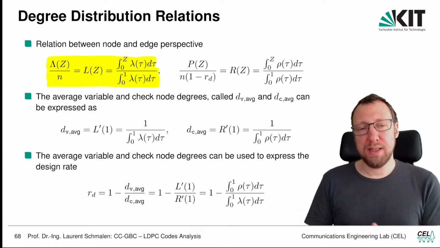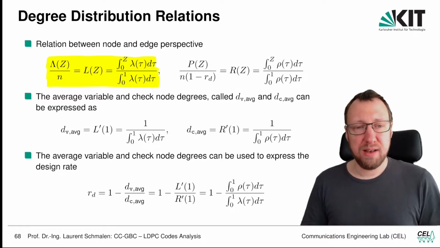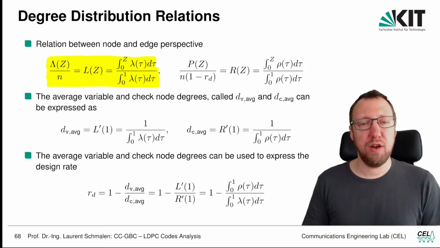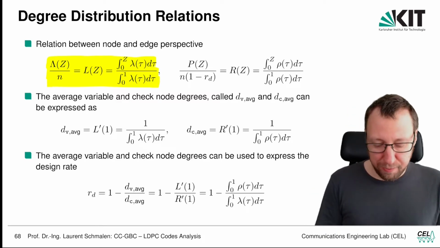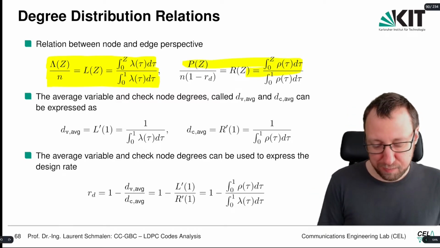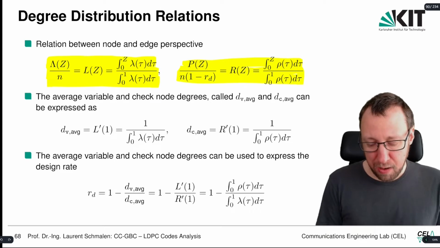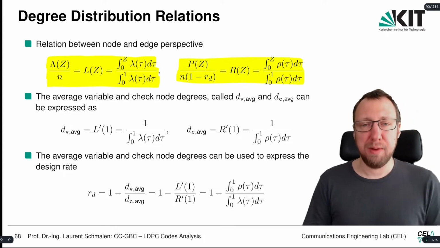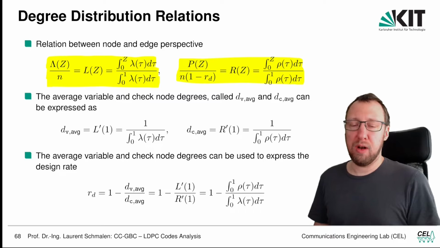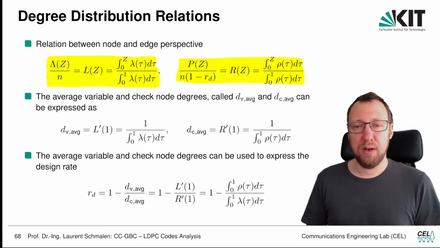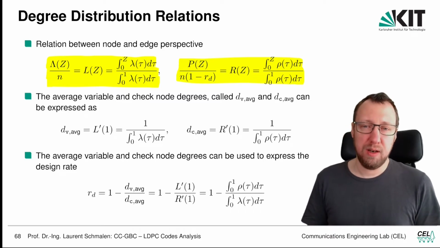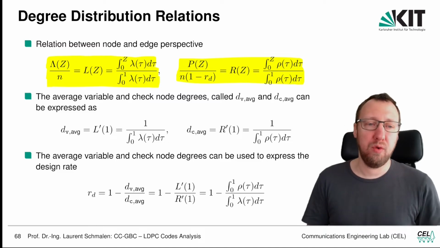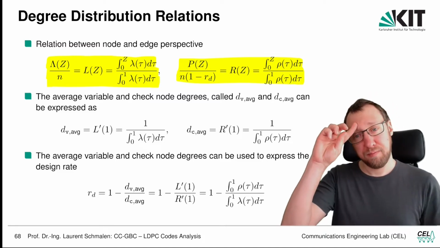And then we just need to normalize accordingly, and that's done by the denominator. Same for R of z. R of z is the integral from 0 to z of rho of tau d tau, divided by the integral from 0 to 1 of rho of tau d tau.